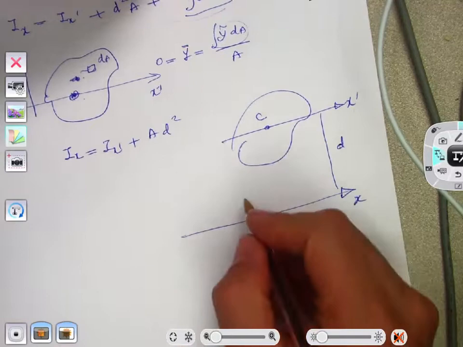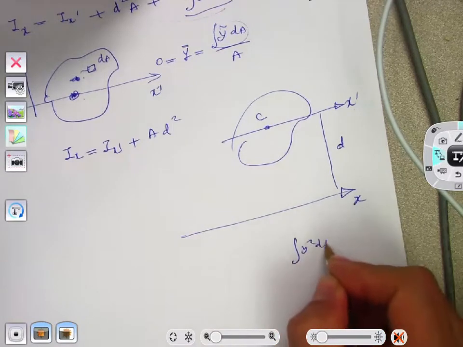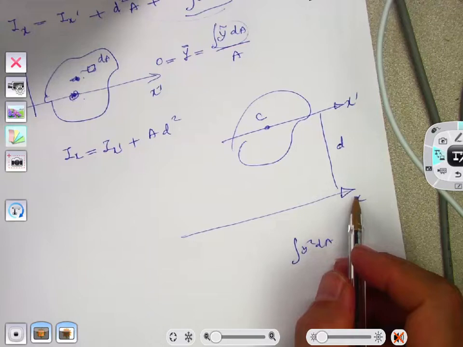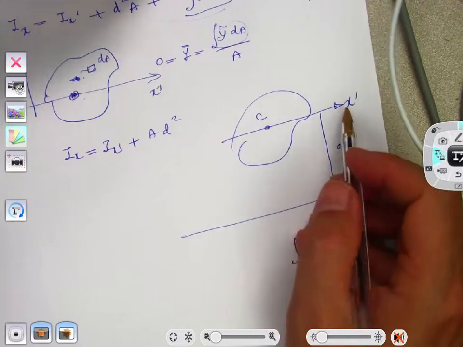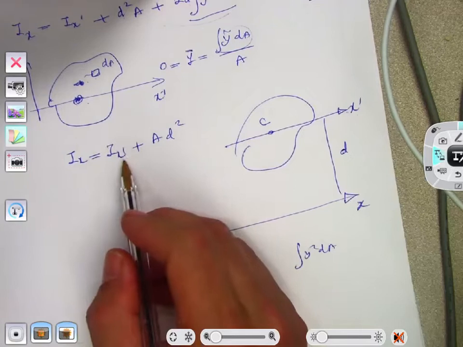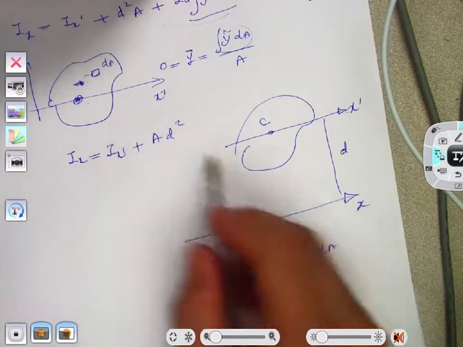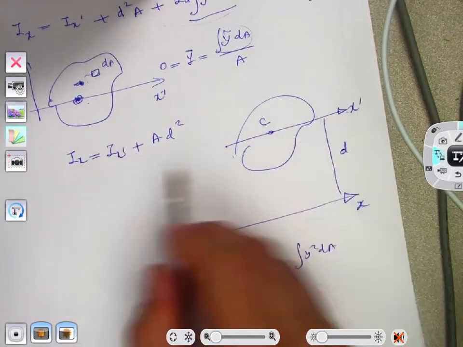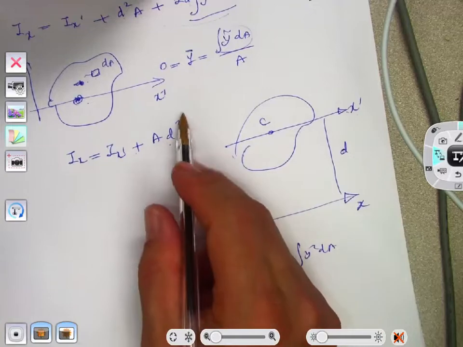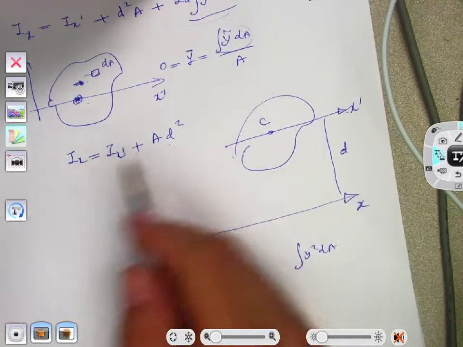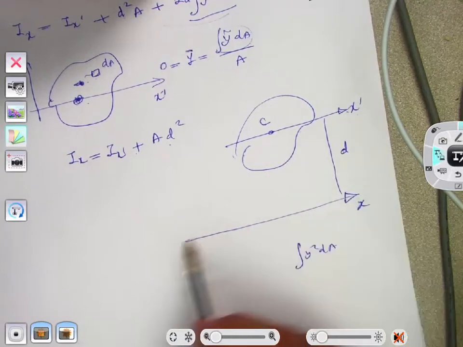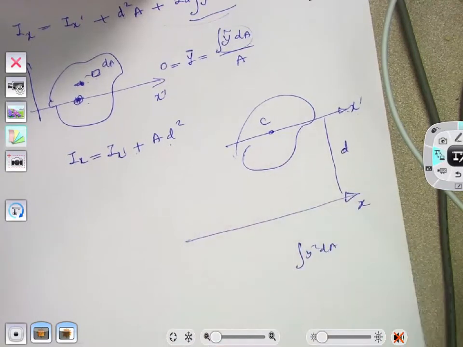The integral was what? y squared dA. You don't need to reevaluate this integral about the x axis again. All you need is, since I will have Ix prime, you just add to that another term, area times the distance between these two axes squared. That is why this is called the parallel axis theorem, because it is about parallel axes.